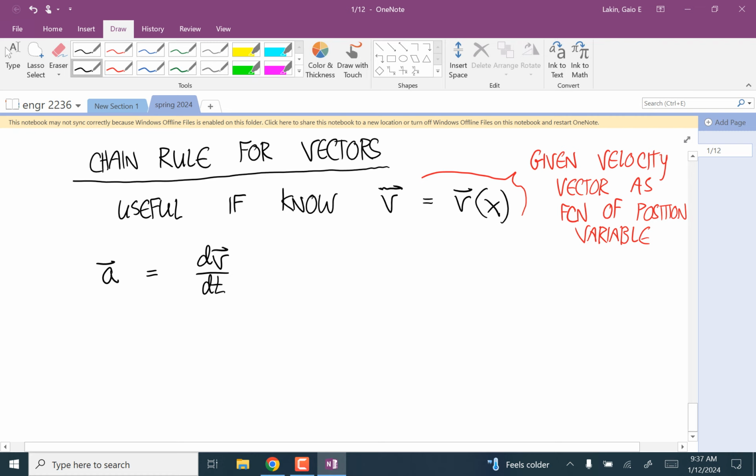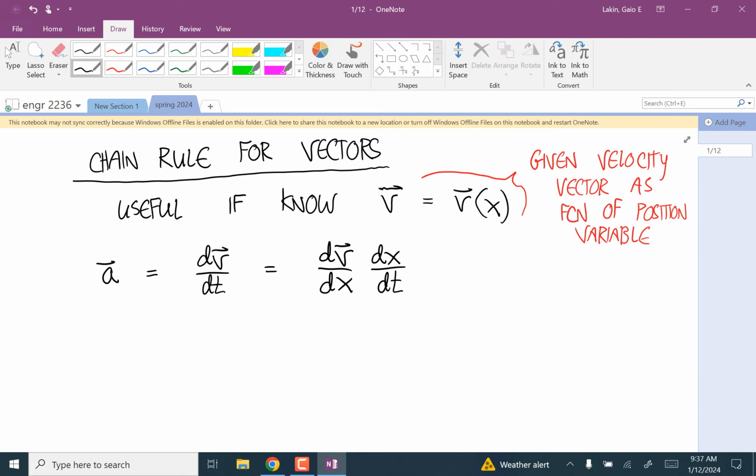But the chain rule says if you know v as a function of x, something other than t, then you can write the acceleration as the derivative of the velocity with respect to that variable, as long as you then multiply it by the derivative of that variable with respect to time.